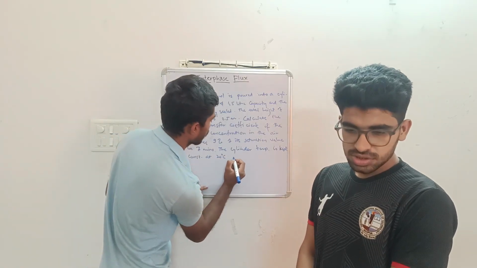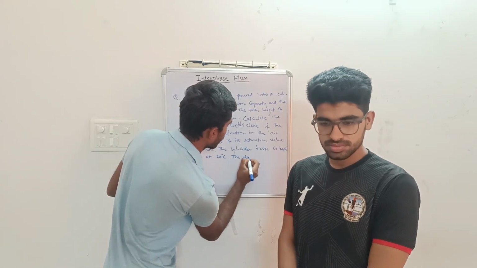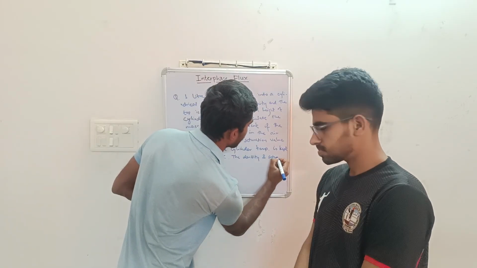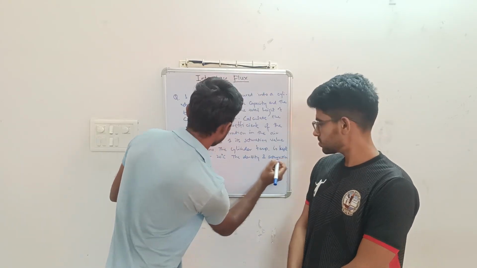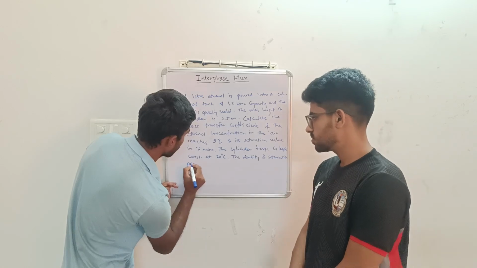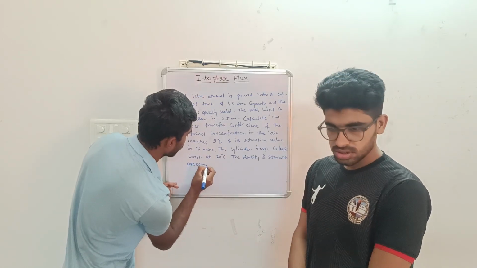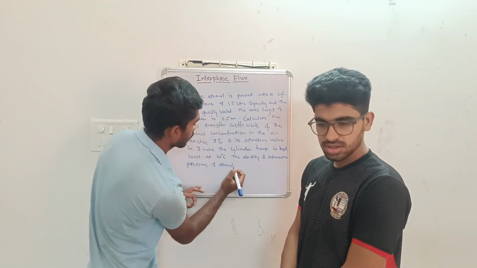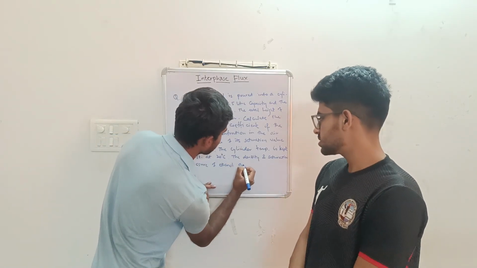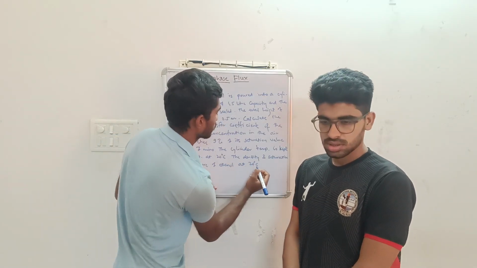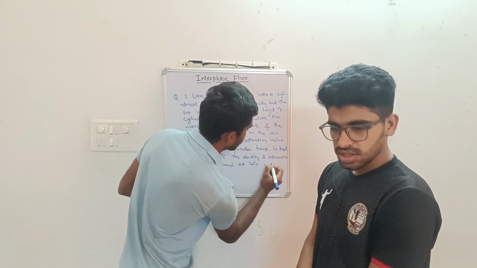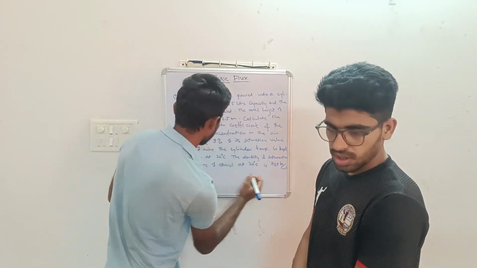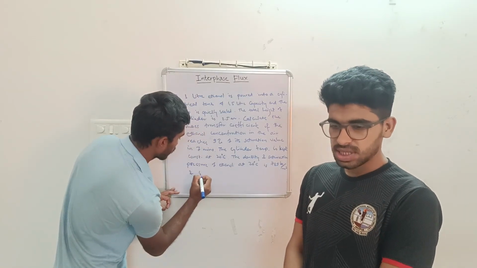The density and saturation pressure of ethanol at 20 degrees Celsius is 789 kg per meter cube and 43.6 mmHg.